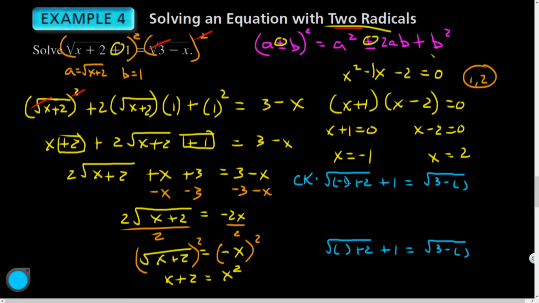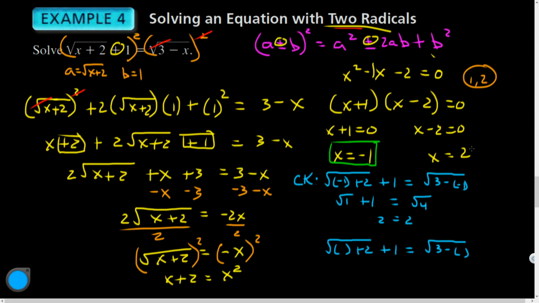So I'm going to plug in negative 1 everywhere there was an x. So negative 1 plus 2 is the square root of 1, plus 1. Is that equal to the square root of 4, right? Because 3 minus the negative 1 became plus. 1 plus 1 is 2. 2 equals 2. That's true. So this is a legitimate solution.